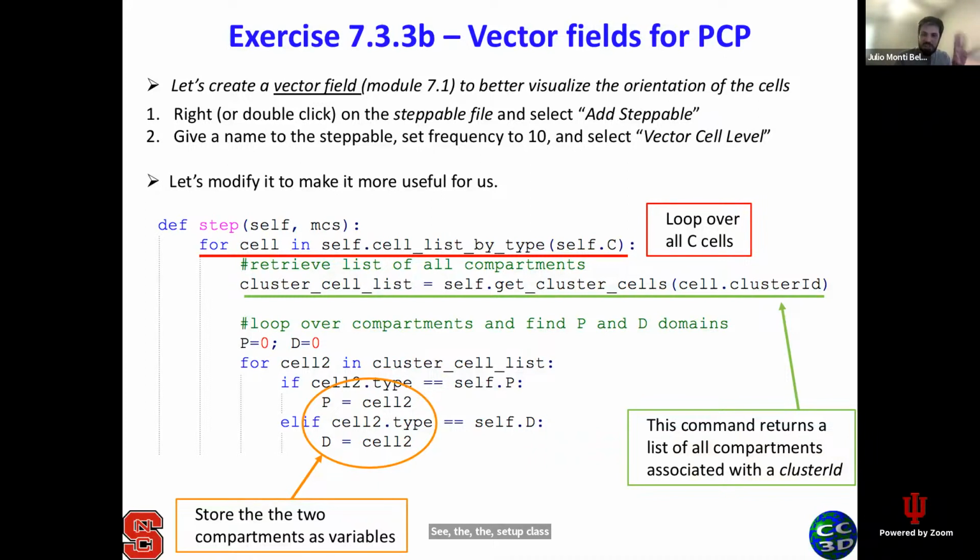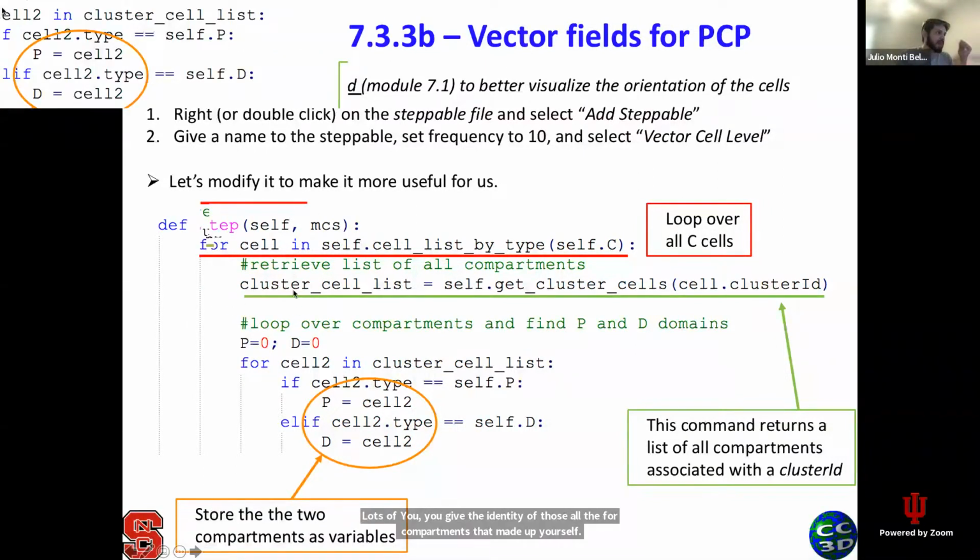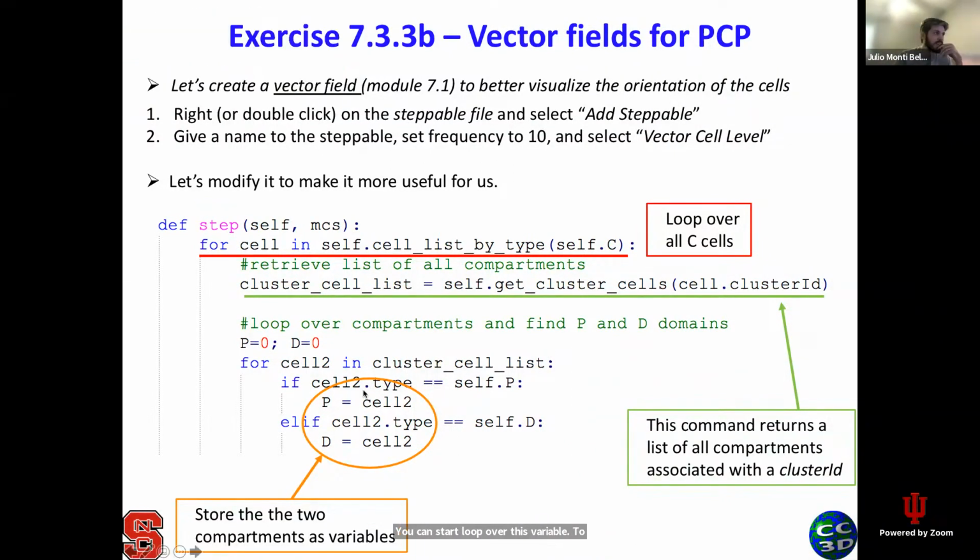You give the identity of all the 4 compartments that make up your cell. Okay. So once you have a cluster cell list, you store that in this variable. You can start looping over this variable to access the other clusters. Okay.